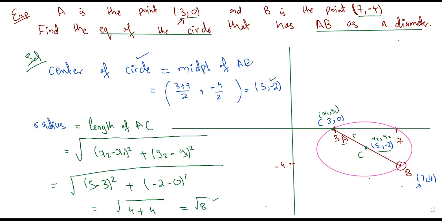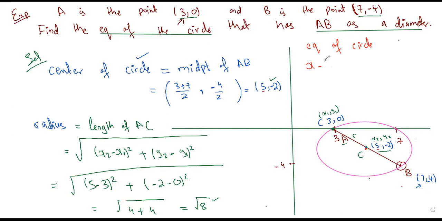How do we find the equation of the circle? Let's do it here. Equation of the circle would be x minus a, x minus the x coordinate of the midpoint, that is 5.